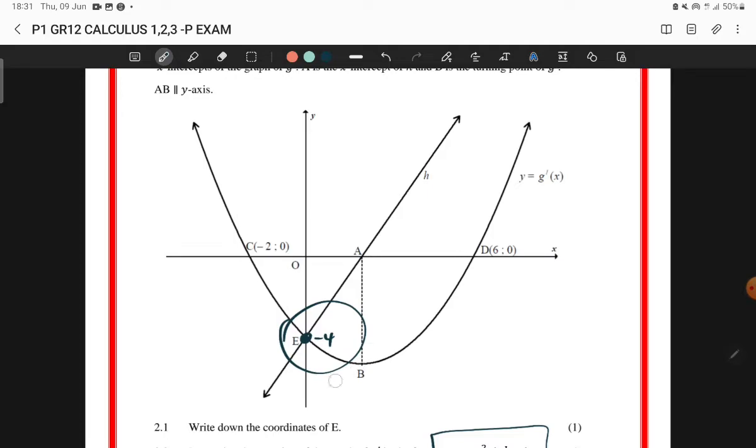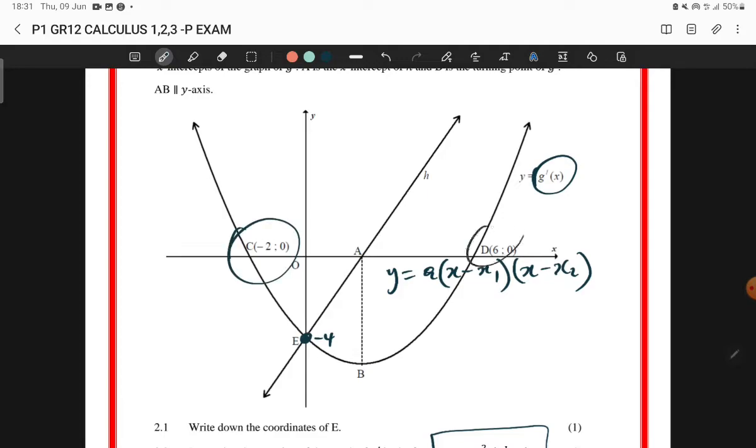We need to understand how we determine the equation of a parabola function, because this derivative g prime of x is just a parabola. So we have y is equal to a into x minus x1, then x minus x2. This is how we find the equation when you are given 2 x-intercepts and one other point in a graph.